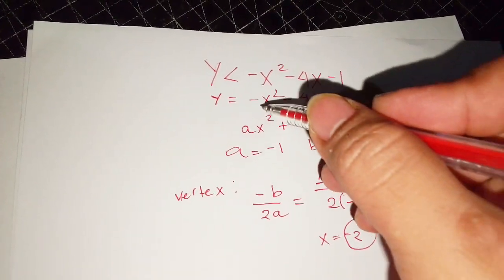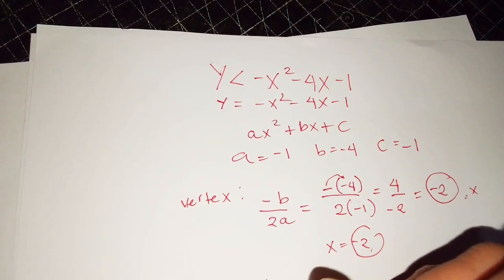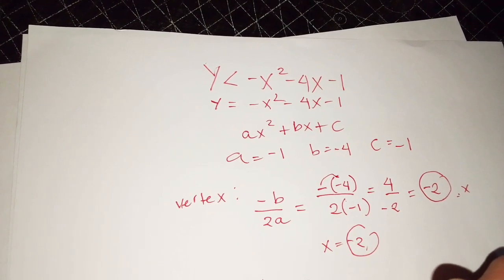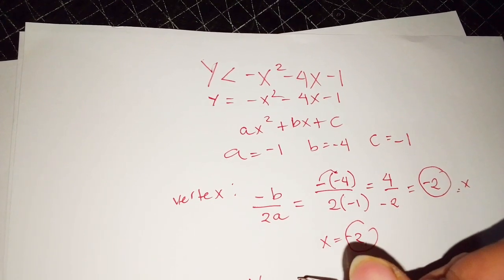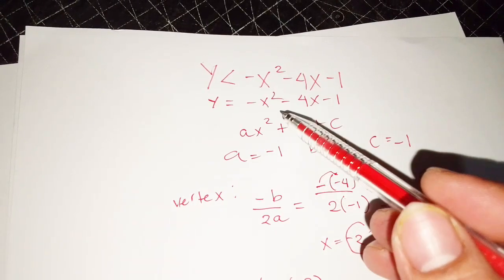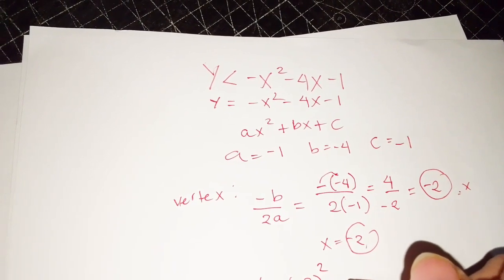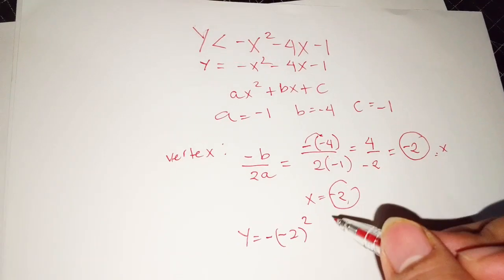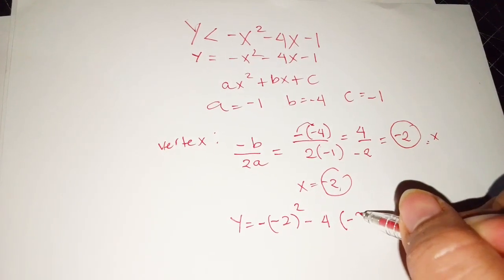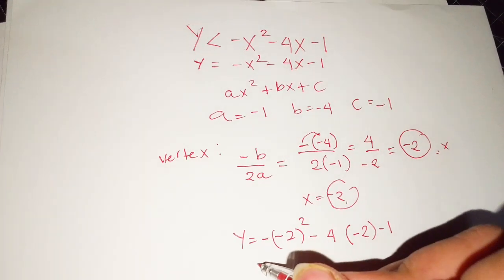So what if the value of x is negative 2? y is equal to negative x squared, with x now negative 2: minus times negative 2 raised to the power of 2, and minus 4x, so it becomes minus 4 times negative 2, and minus 1. So we operate.